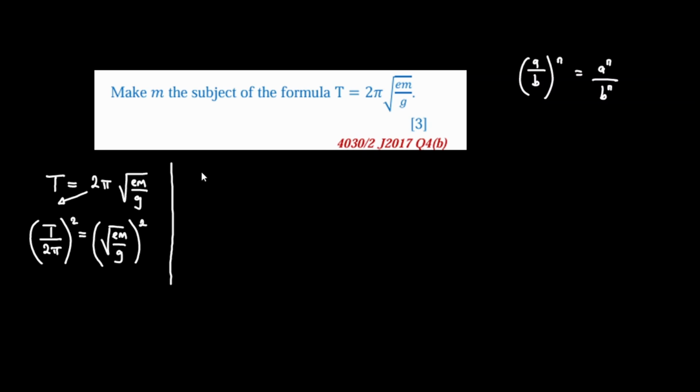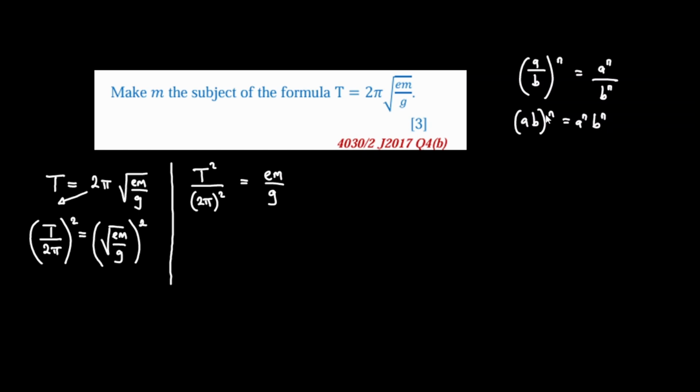Saka panapa inova T squared over 2 pi squared is equal to, but effect yekuisa a square pane square root ndi cancellation. Saka panapa inenge yachiti m over g. But we should also know another law of indices, inoti ab to the power n is equal to a^n b^n.